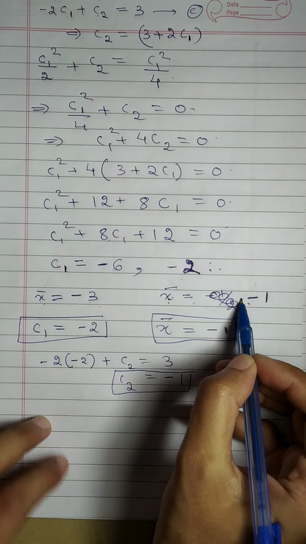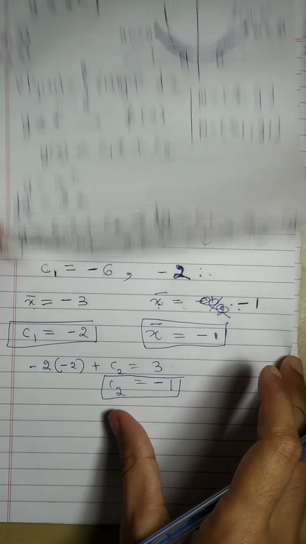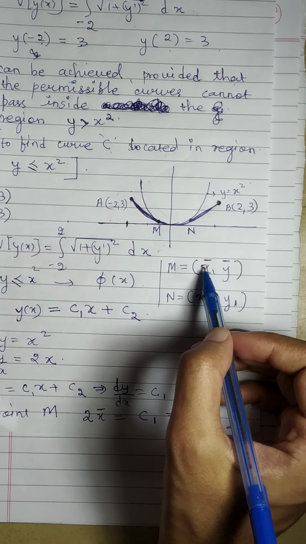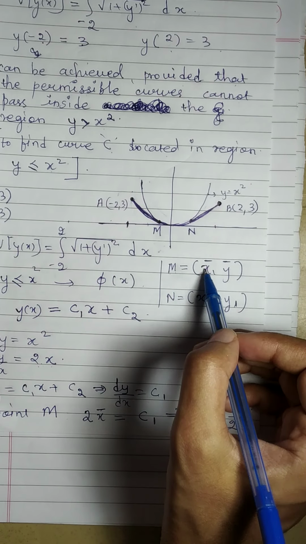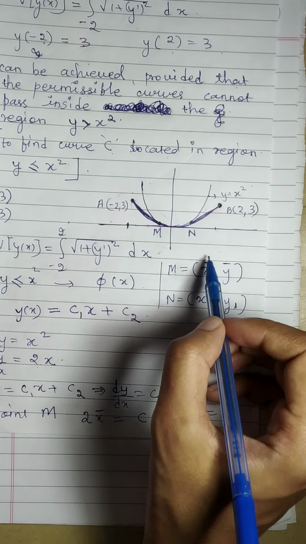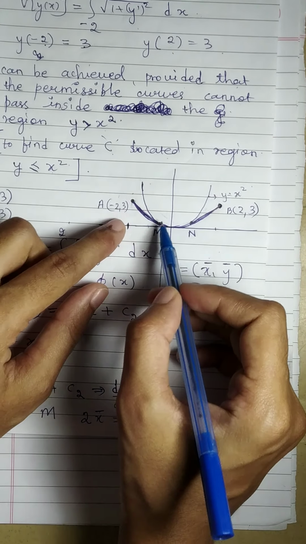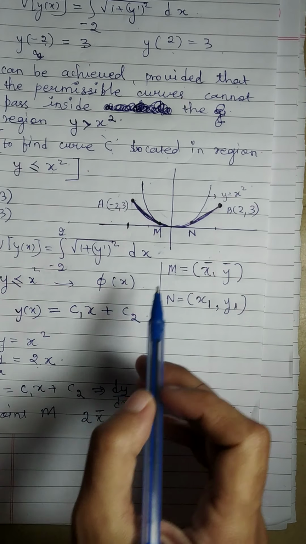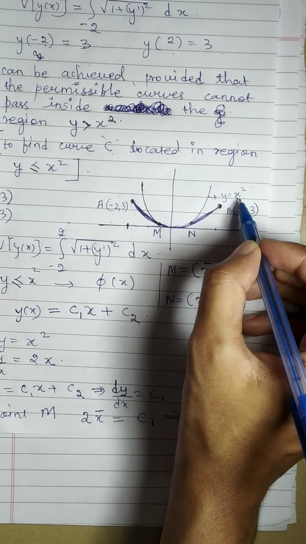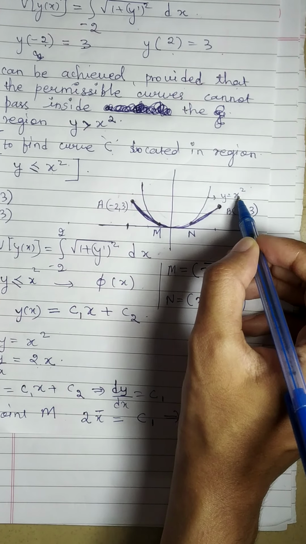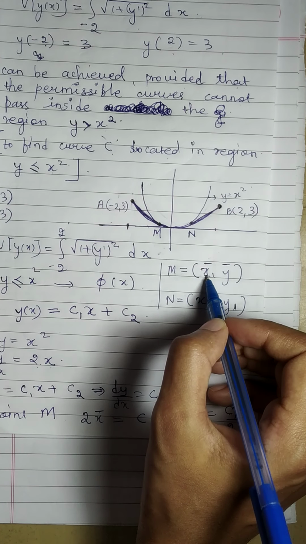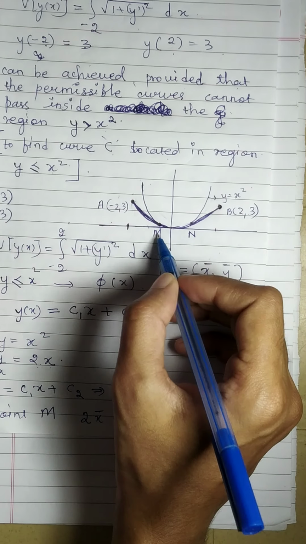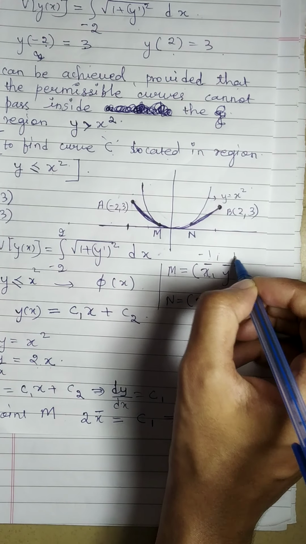Clearly this point M, we know the coordinate for x bar. This point is lying on this curve, so it will satisfy the equation y equal to x square. We know x bar is minus 1, so y will be equal to 1, and therefore this point will be minus 1 comma 1.